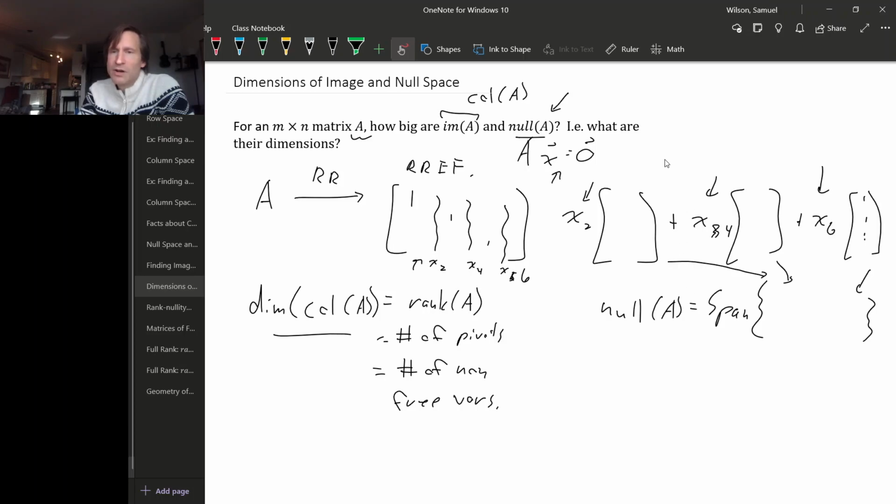So where do these vectors come from? Well, I think an example will be worth 1,000 words here. So let me just write a reduced row echelon matrix. How about something like this? 2, 0, 3, 4, 5, 6. Okay, that's fine. So here's x1, x2, x3, x4, x5. Those are the columns corresponding to those variables.